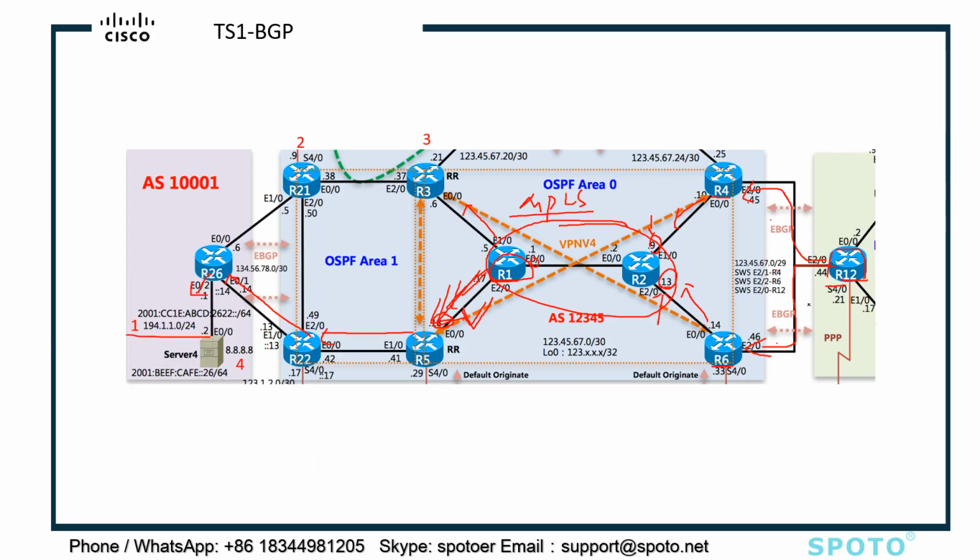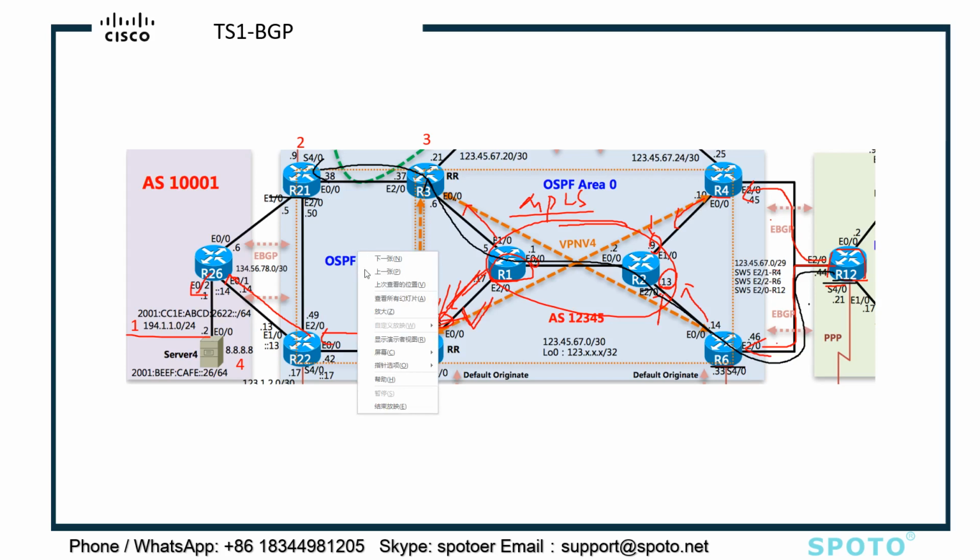For the second requirement, the path will be like this one here. The path is R22, R12 here, and R6, R2, R1, R3, and R21 here. This is the path. So we can see, go back to the 21 here.